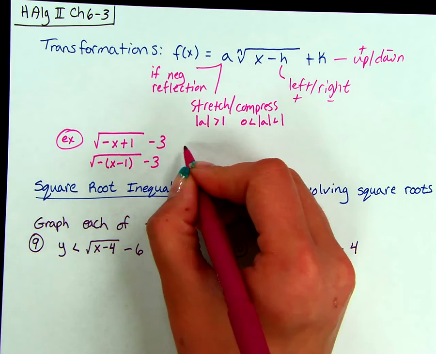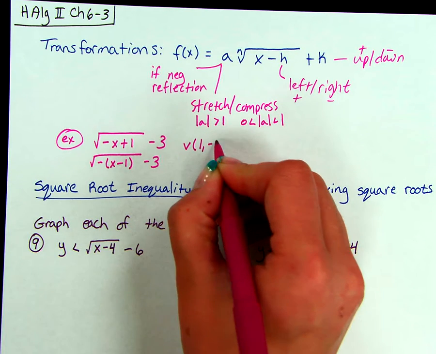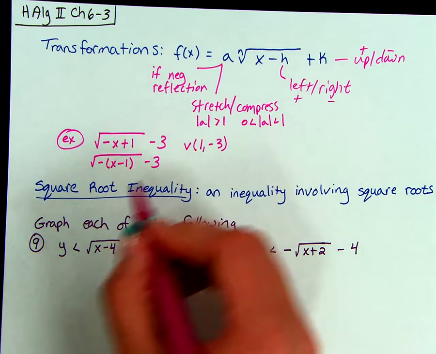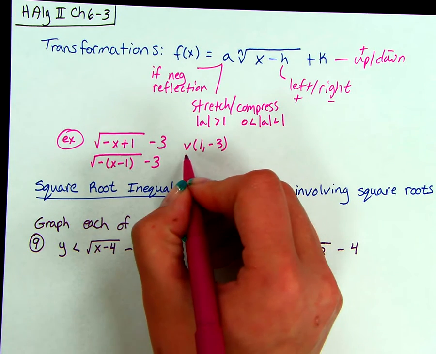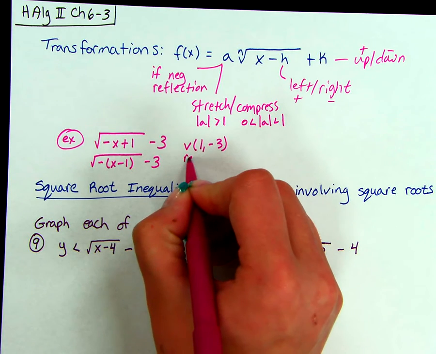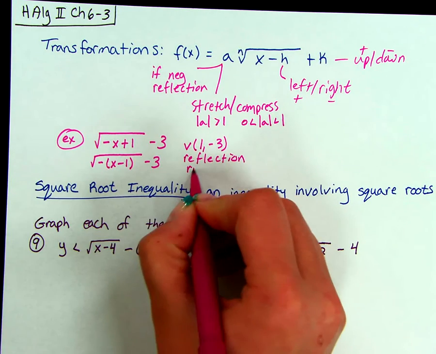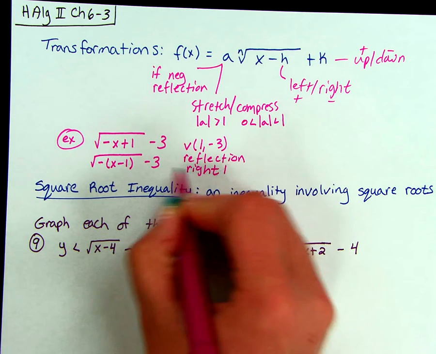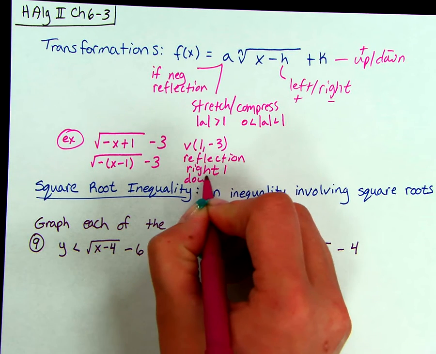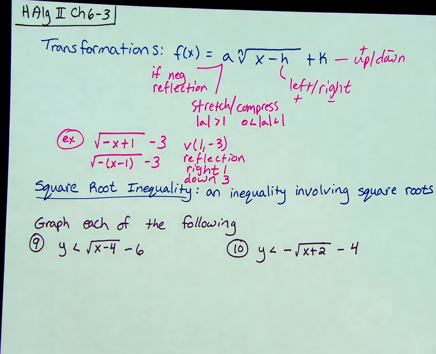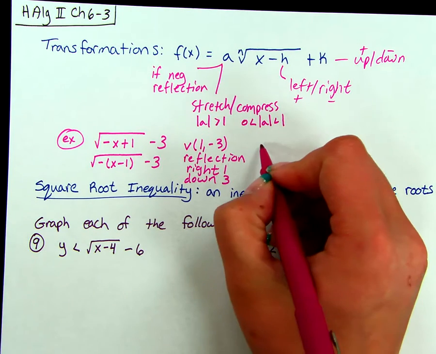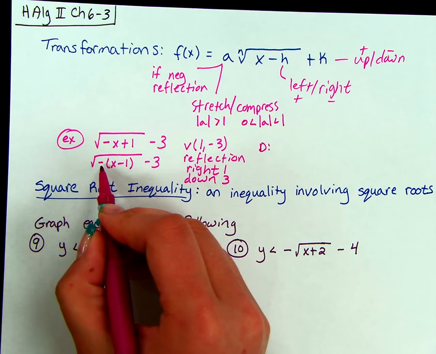So the vertex for this one would actually be positive 1, negative 3. And then our transformations would be a reflection. And then we would go to the right 1 and down 3.